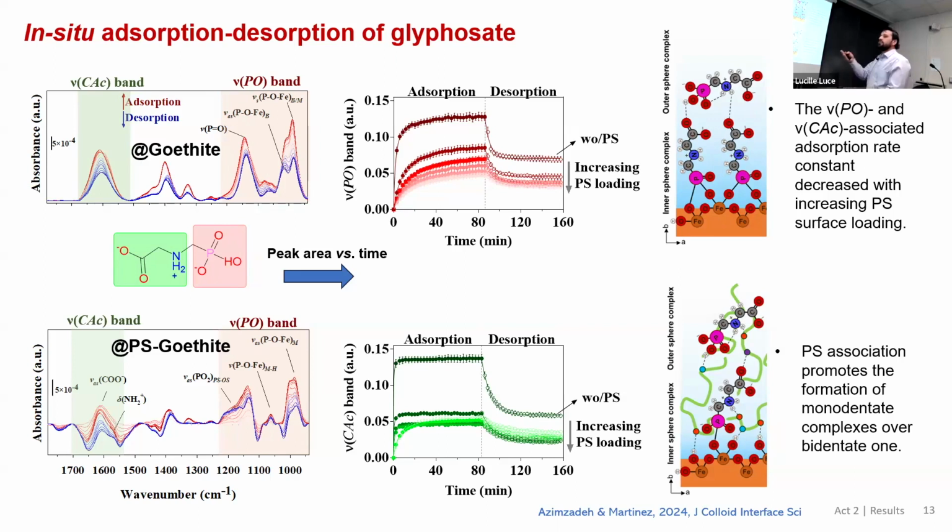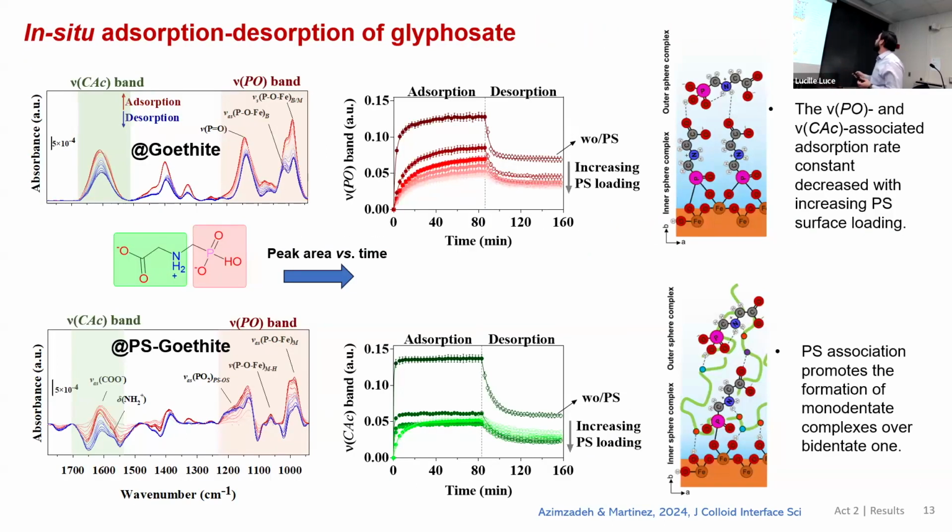The reason to have two different rates for one molecule is actually about interfacial species. We don't have only one type of glyphosate at the surface. We have multiple different types, and those are in different locations. And in total, in general, we see different rates.